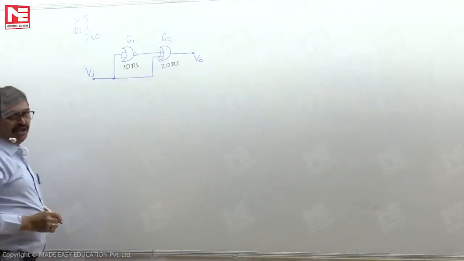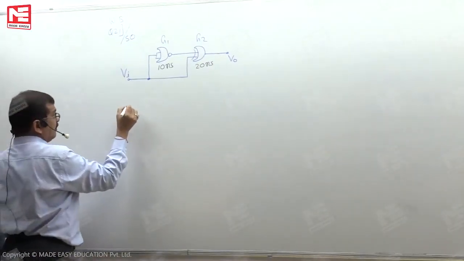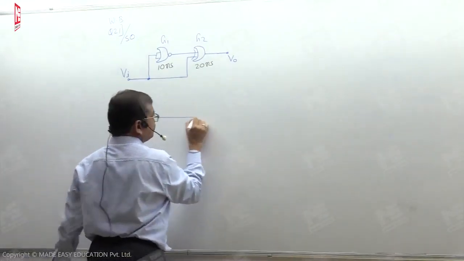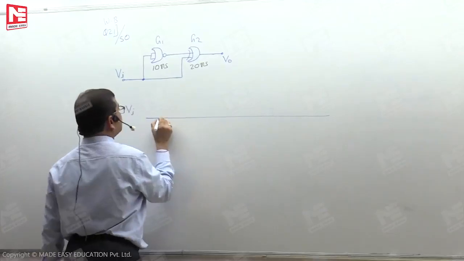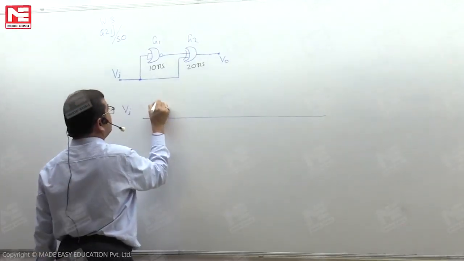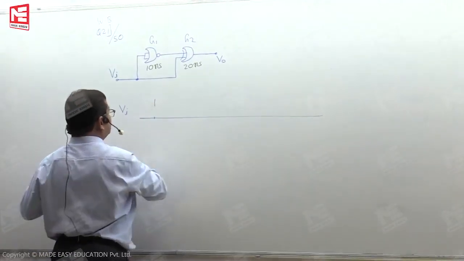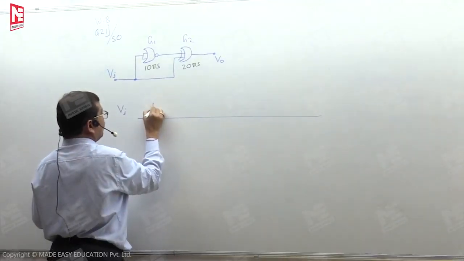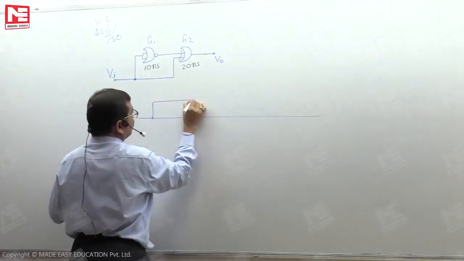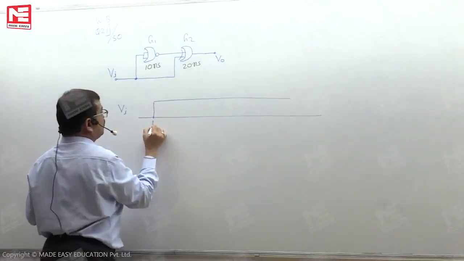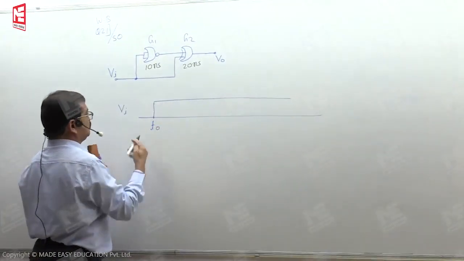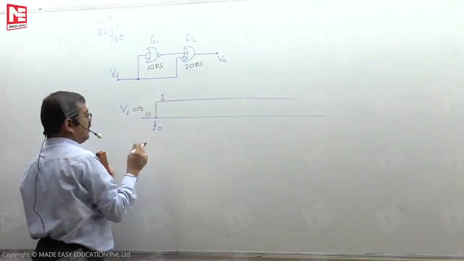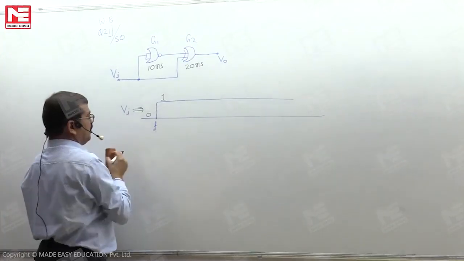The question is: the input Vi is changing abruptly from 0 to 1 at t equal to t0.